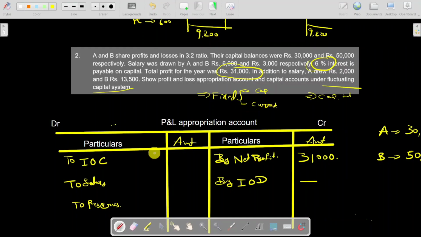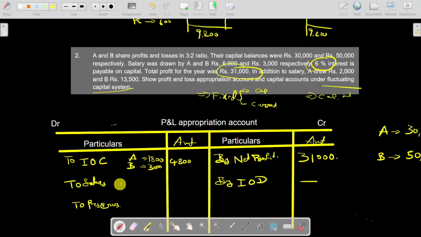So interest on capital, we have two persons, A and B. For A, 1,800. For B, 3,000. So 4,800 is the interest on capital. And next, salary.